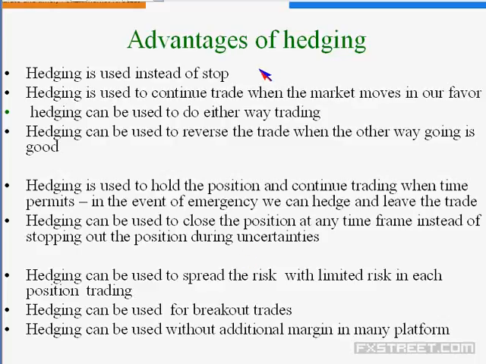And suppose you have taken a 3 lot position straight away, and your usable margin is about, say, $5,000. Then you have taken 3 standard lot positions. Okay, when the going is good, everything is good. But if the market starts moving against you, you need to keep the stop.